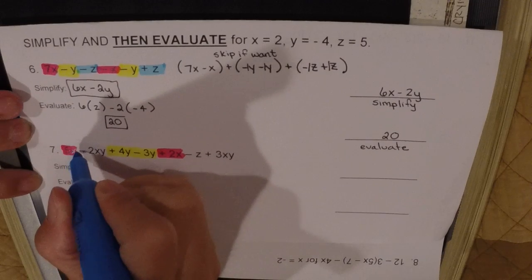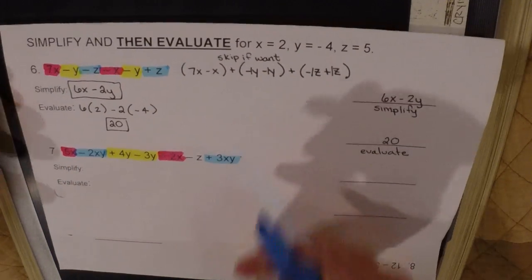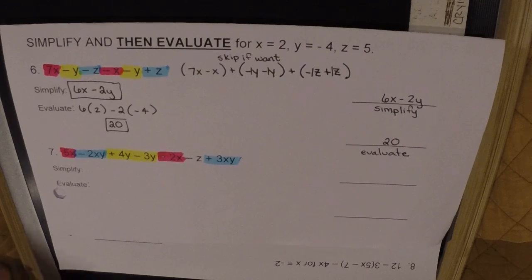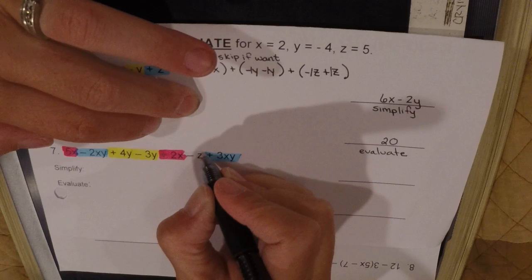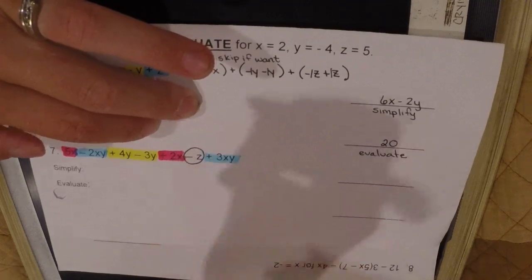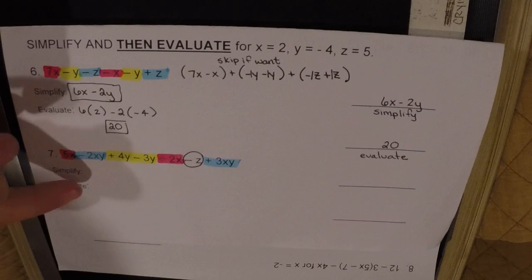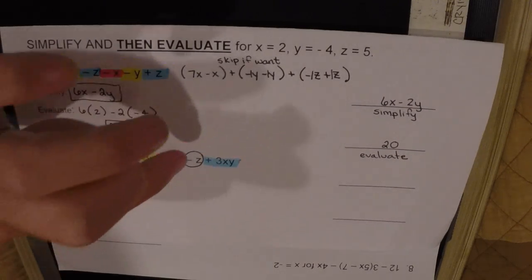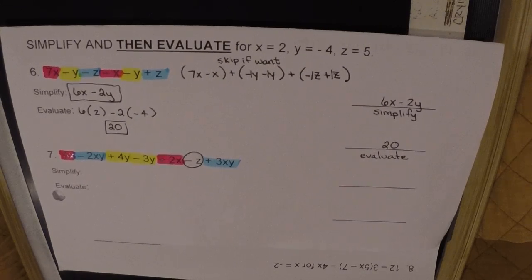Then I have this minus 2xy and a plus 3xy, and I don't happen to have a 4th color, so I'm just going to circle this so that you know it goes by itself. So if you're going to do it, you're going to have the pink part, the yellow part, the blue part, and then the z will be left by itself. Okay? And I want you guys to try that one on your own.